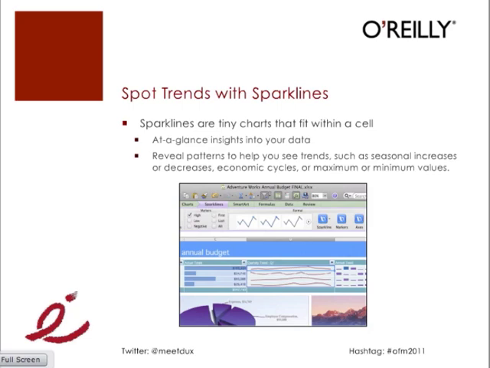I'm sure a lot of you are familiar with pivot tables and pivot charts, where you can generate graphical information. Sparklines provide graphical information at a cell level. They're very tiny charts, and they give you at-a-glance insights into your data. They allow you to spot trends.